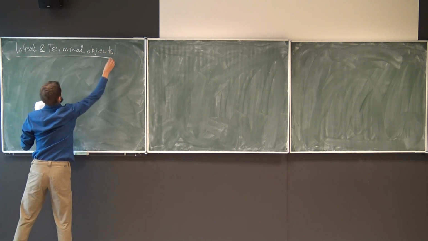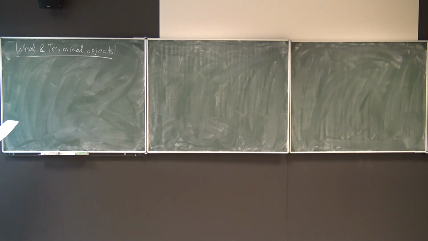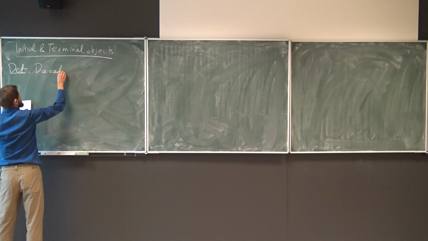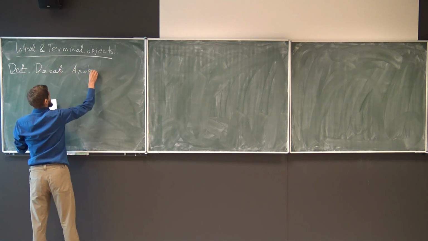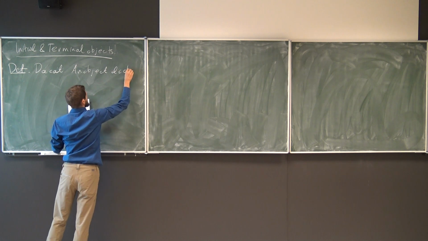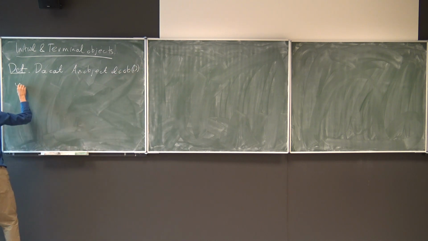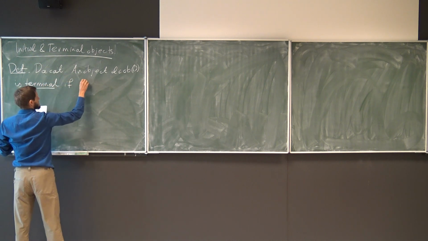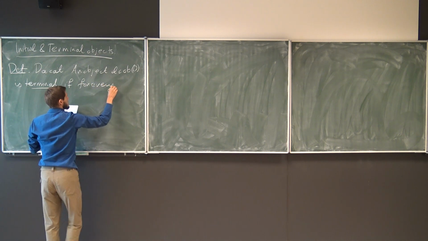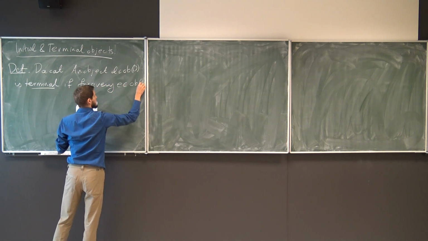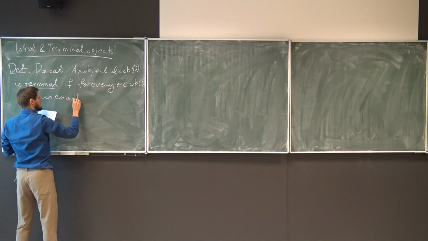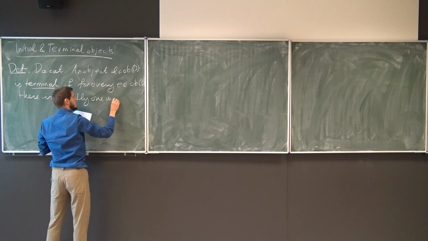So the definition: one is dual to the other, so for the sake of making a choice, let us begin with terminal objects. Definition: if D is a category, then an object, little d, is terminal if for every object e of D, there is a unique map, exactly one map, from e to d.